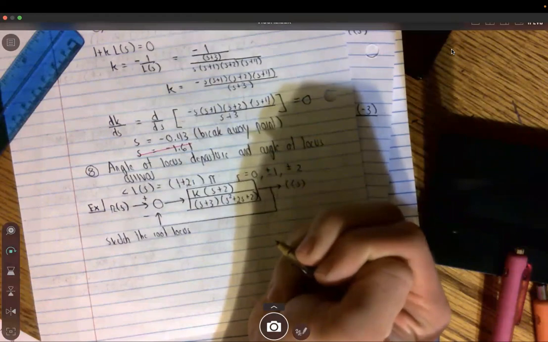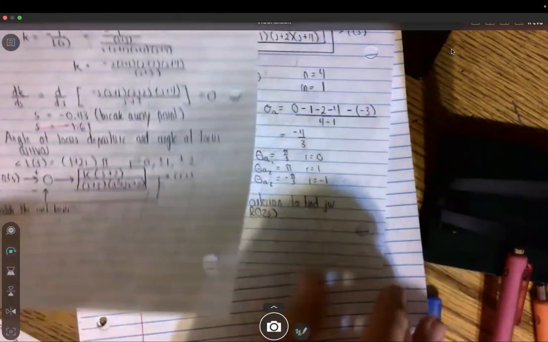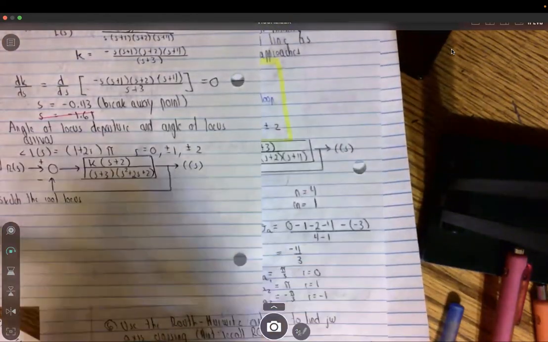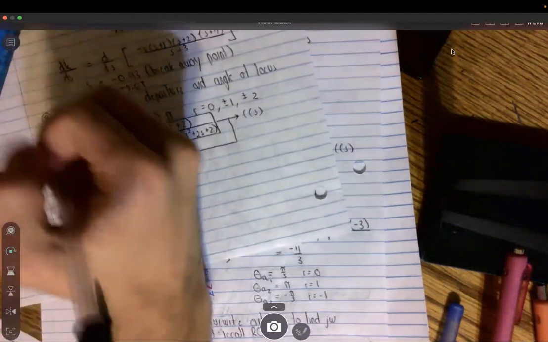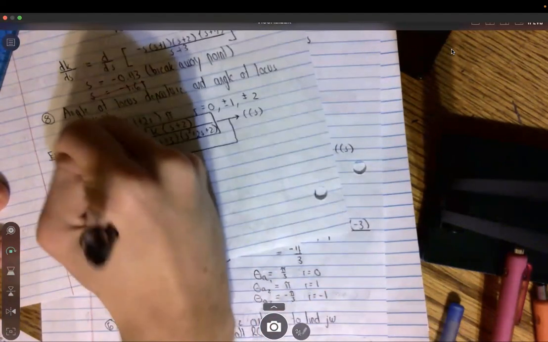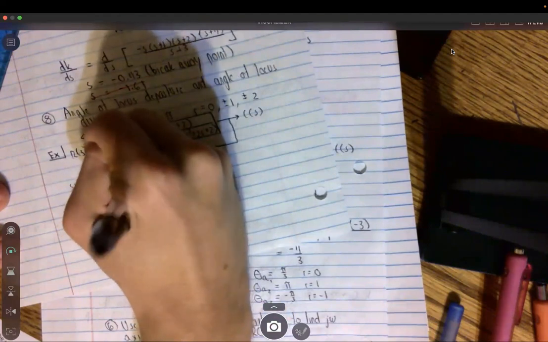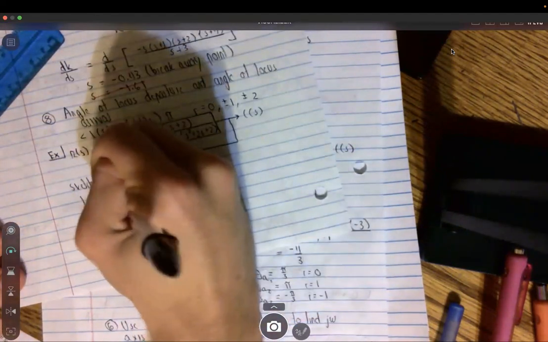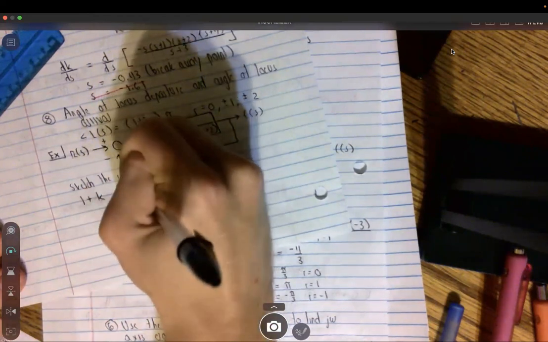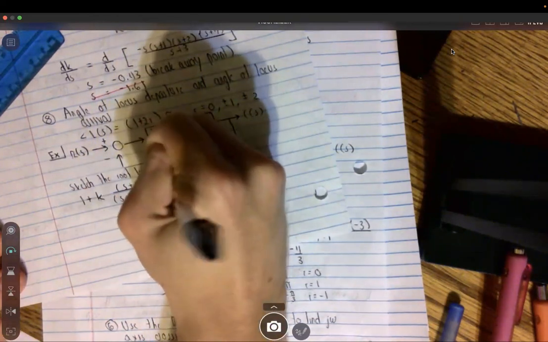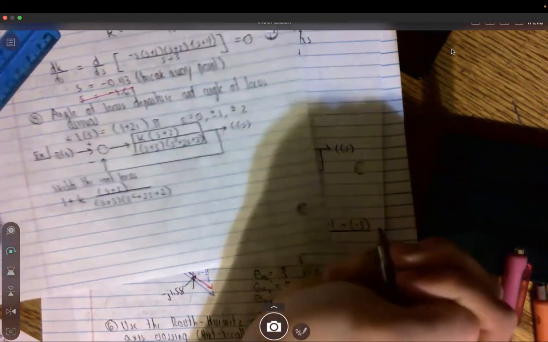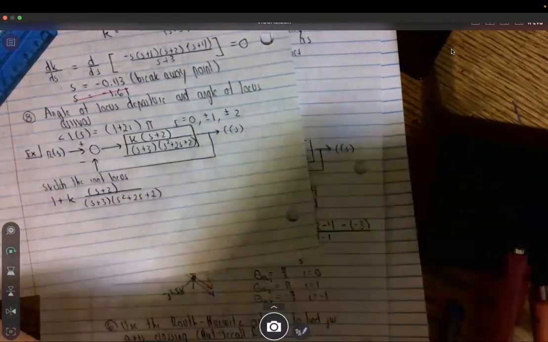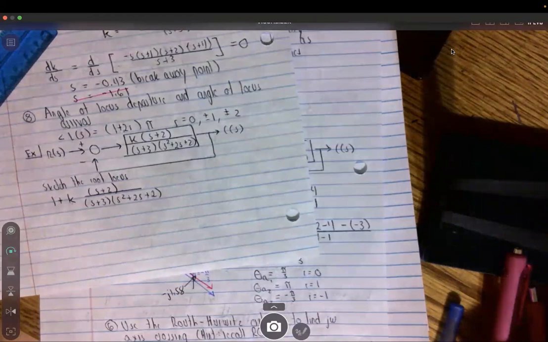What we would do, going based off our rules, is write this in terms of our zeros over our poles in this format. So we can now plot these onto an S-plane plot.